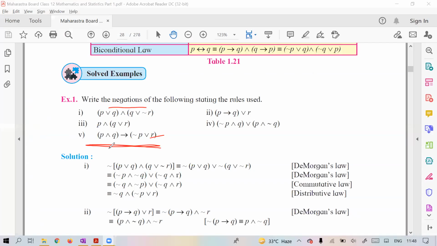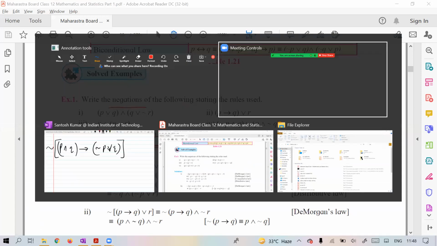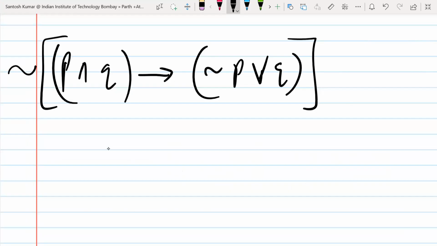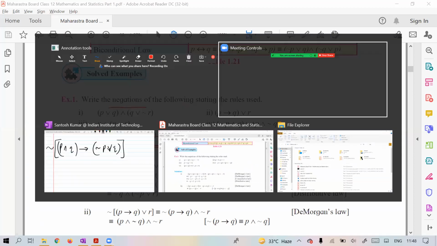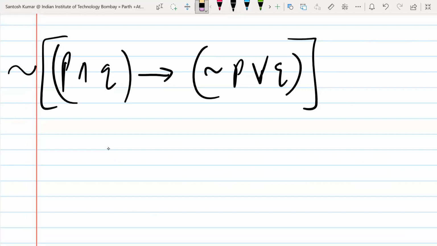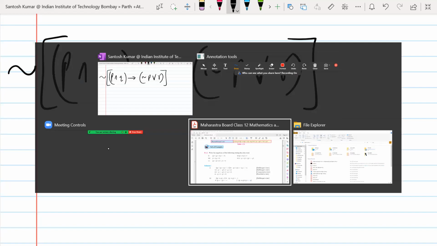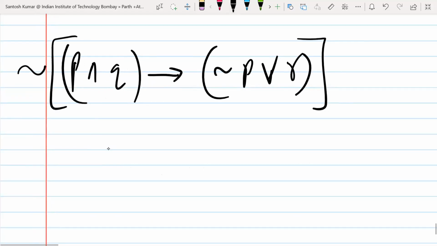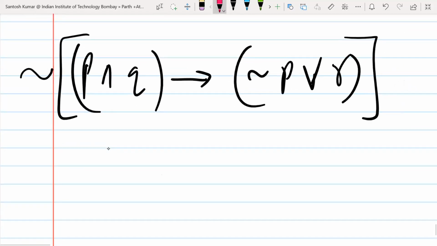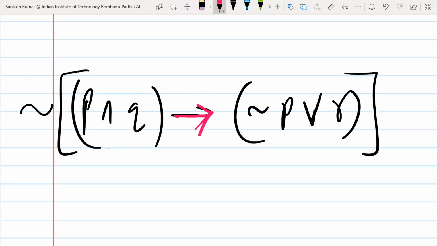Okay. P and Q implies not P and R, not P or R. First of all, how do we write the negation of P implies Q?